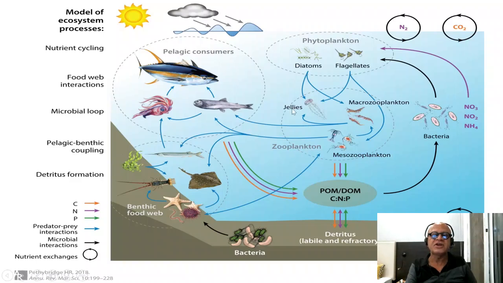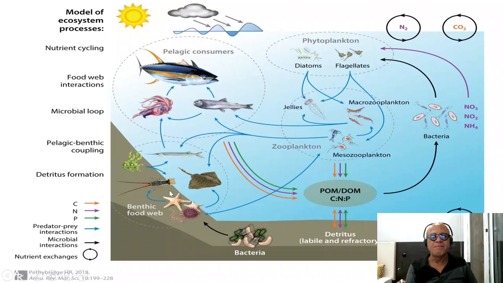And there is energy transfer from the forage level, zooplankton and small fish, to big fish, right? So you have a food chain. There are fish that eat other fish, and there are fish that eat zooplankton, or they eat at the bottom, and so on.